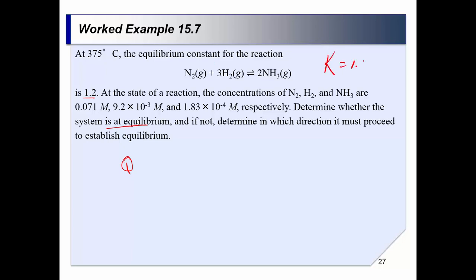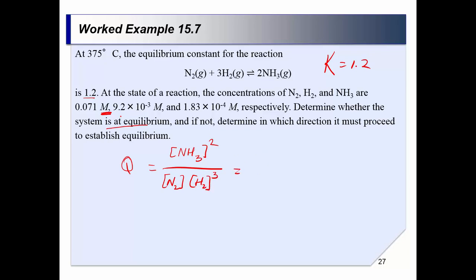Now let's calculate Q. I'm working with concentrations because I'm given concentrations here. So the concentration of ammonia squared divided by the concentration of nitrogen times the concentration of hydrogen cubed. So I'm going to plug in my numbers.